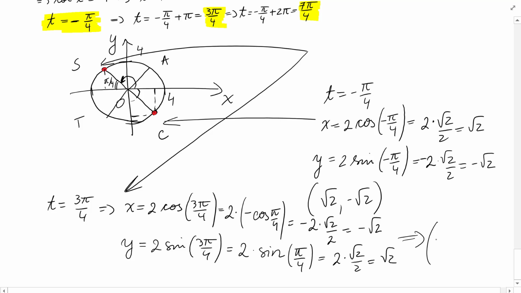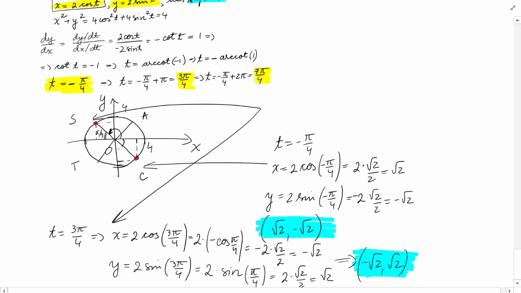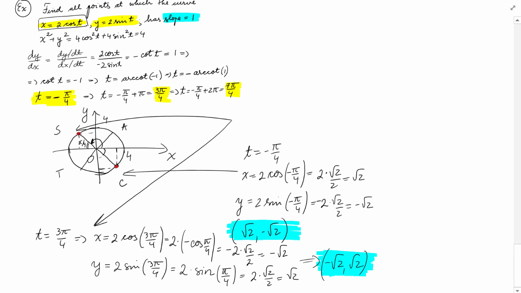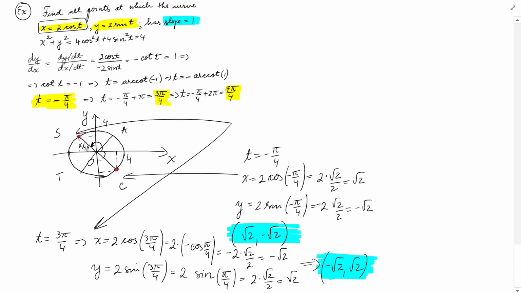So the coordinates that we are looking for are negative square root of 2, square root of 2. And again, it does make sense. So the answer to the question, find all points at which the curve has slope 1, we found them.